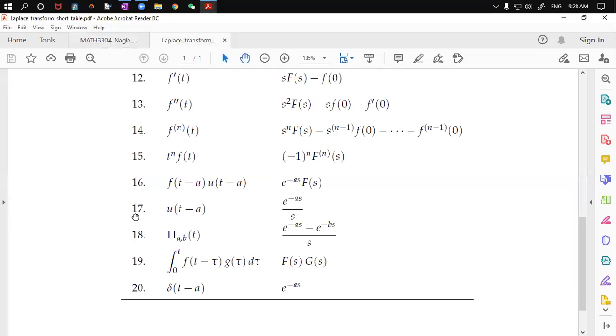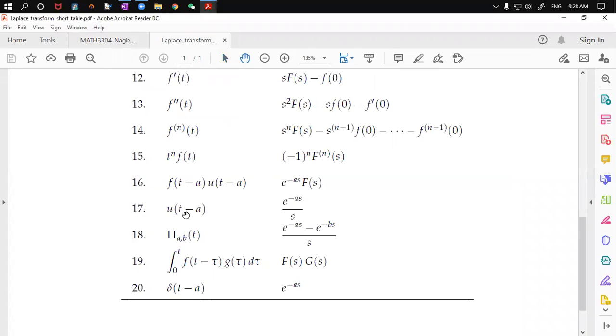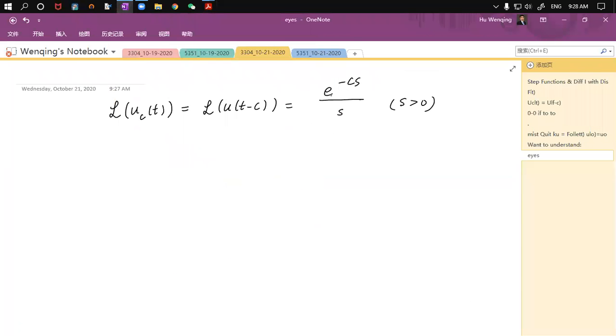If you look at that table, it simply tells you that u(t minus a), where we're using u(t minus c) but you can replace c by a, it doesn't quite matter, is e to the power minus a s divided by s. So e to the power minus c s divided by s. That's a very important line of this table, and I would like everybody to understand it.